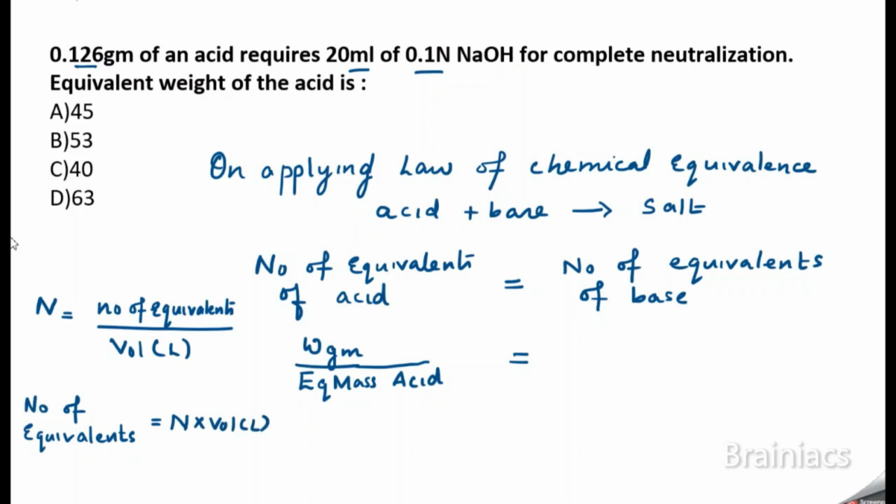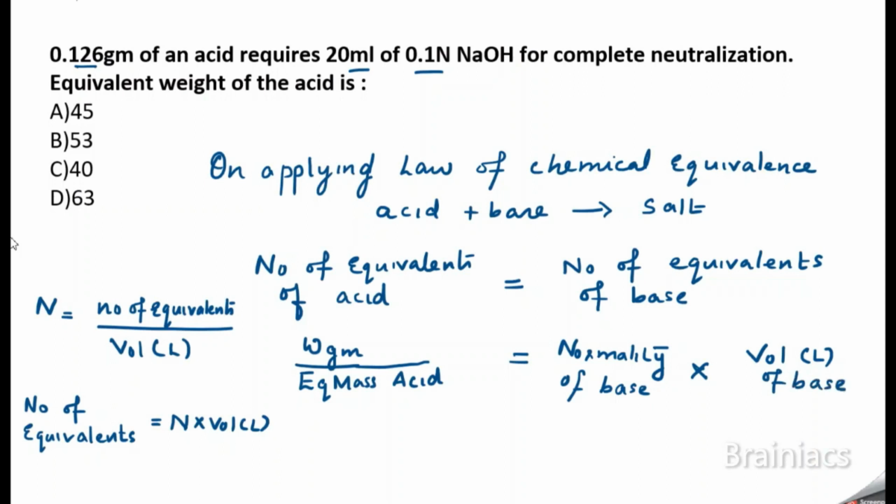Number of equivalents of the base is equal to normality of the base multiplied by volume of the base in liters, correct?